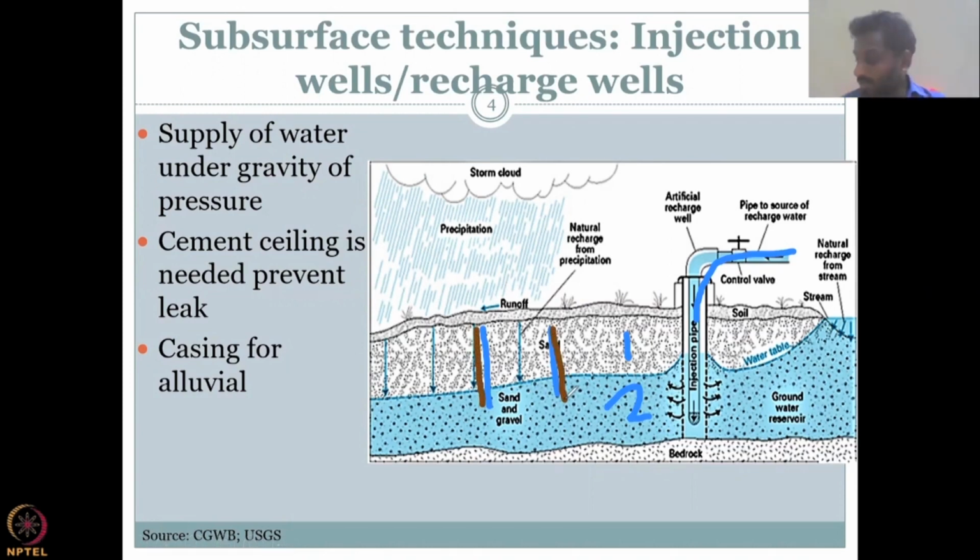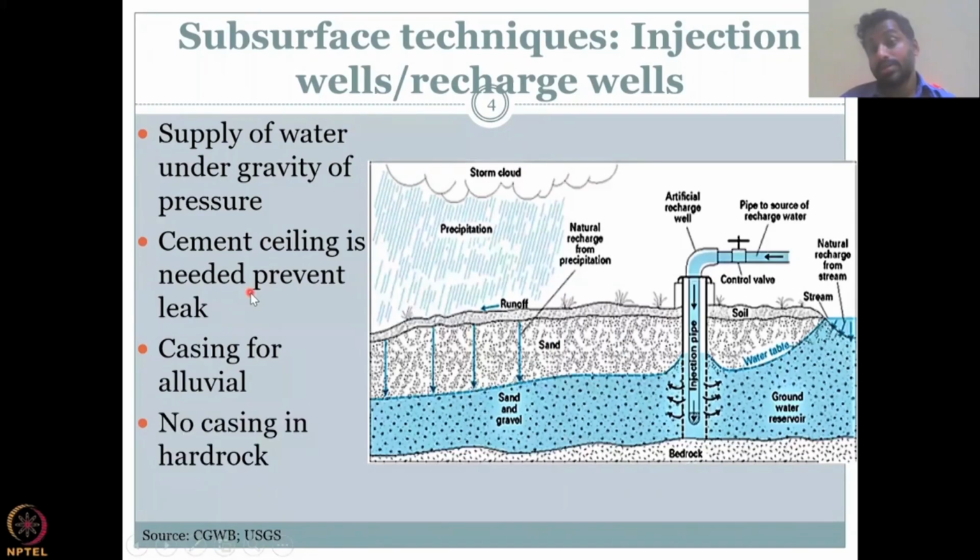So in injection wells, normally you do have a casing to prevent the alluvial aquifer from collapsing. However, if the aquifer is not alluvial and it is a hard rock, you do not need casing.